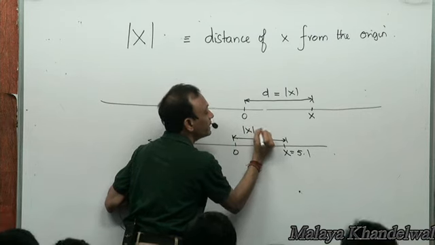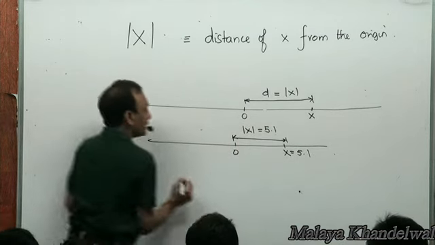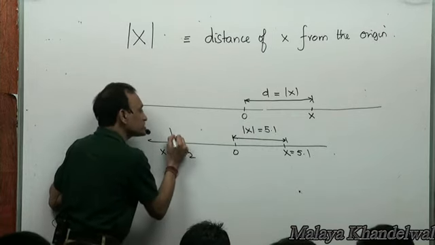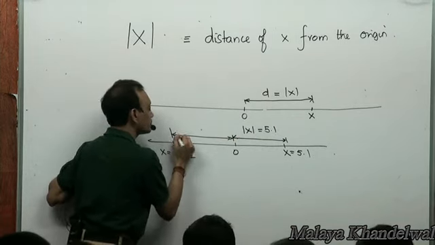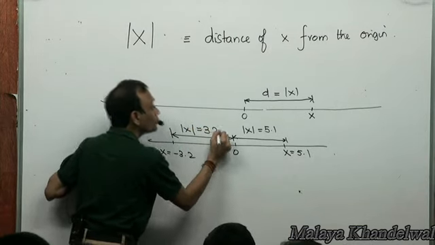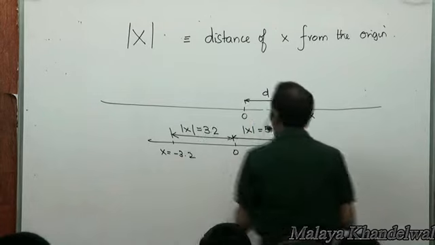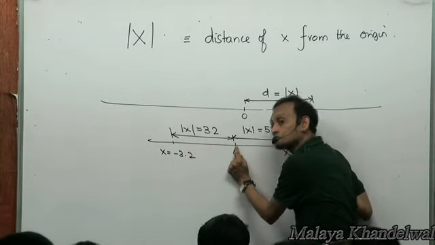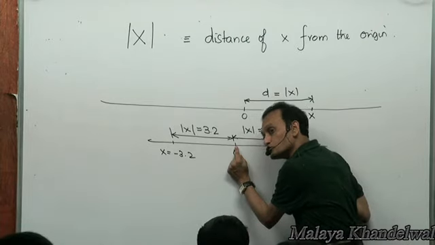So mod x would be 5.1. If x is minus 3.2, what is distance of x from the origin? Mod x is going to be 3.2, right? And if x coincides with the origin, what is the distance of x from the origin? 0. So mod 0 will be 0.